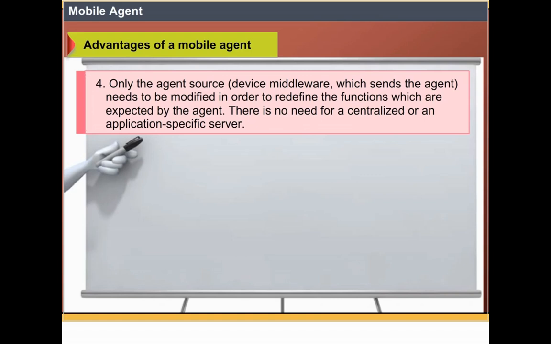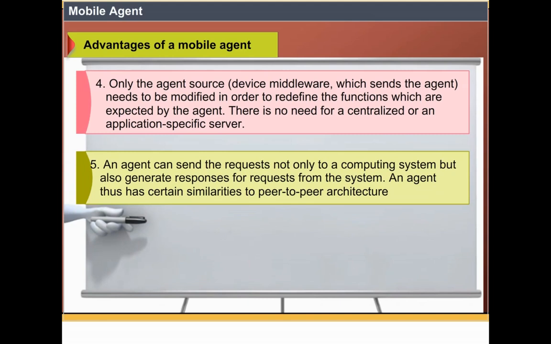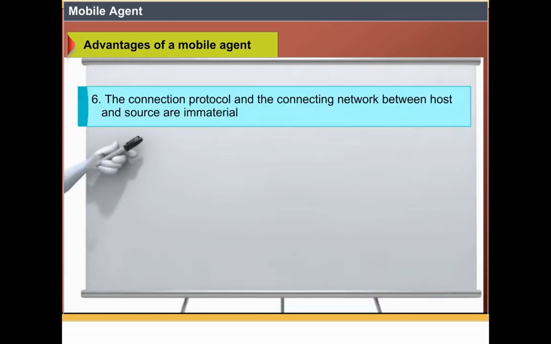There is no need of a centralized or an application-specific server. An agent can send the request to a computing system as well as generate responses for requests from the system. An agent thus has certain similarities to peer-to-peer architecture. The connection protocol and the connecting network between host and source are immaterial.